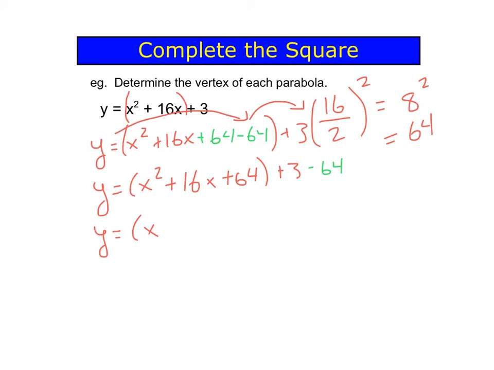Remember, half of 16 is 8, the square root of 64, or that number that you squared. Okay, and the vertex will be negative 8, negative 61.